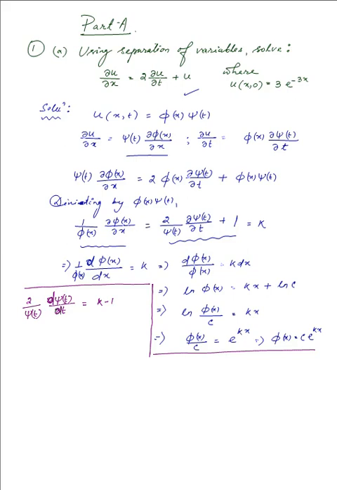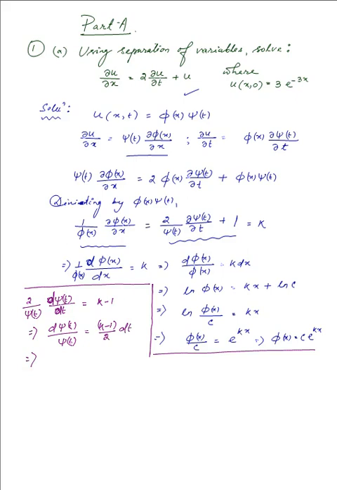So we are taking it as d psi t over dt, and we'll be trying the same method, that is d psi t over psi t, and this thing can go to the other side. We can take the 2 along with it as well. So k minus 1 divided by 2, and on the other side we have dt.